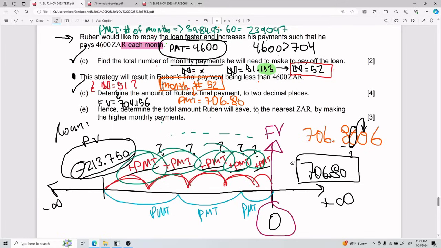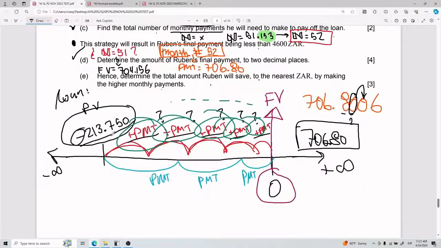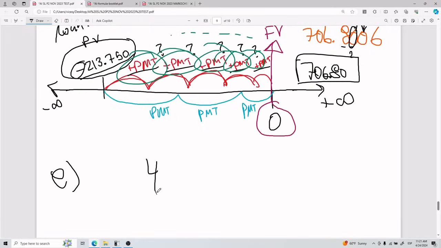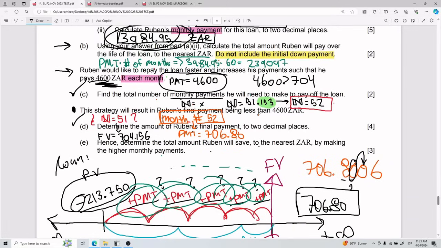So for part E, he's making the higher monthly payments. When he did the higher monthly payments, how much was it? We were talking about 4,600. So that's the first thing I'm going to write down for part E: we have the 4,600 per month. Now, for how many months did this happen? For 51.